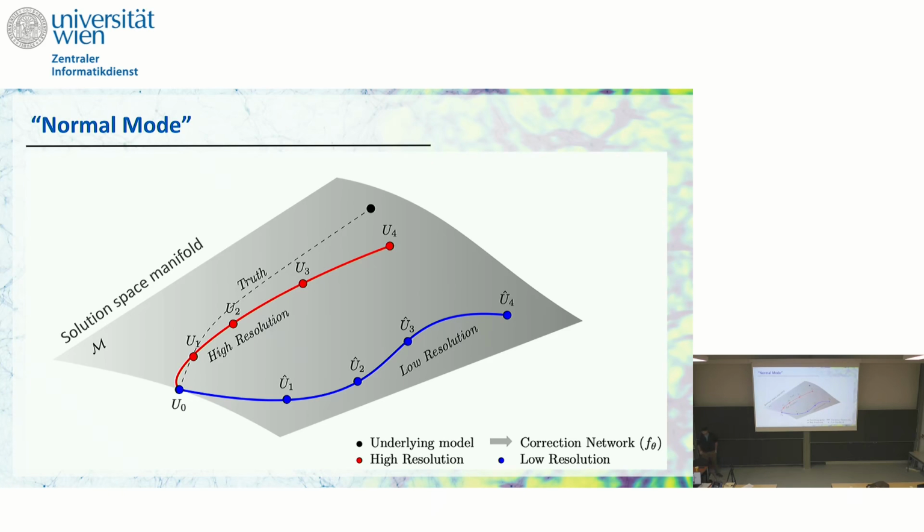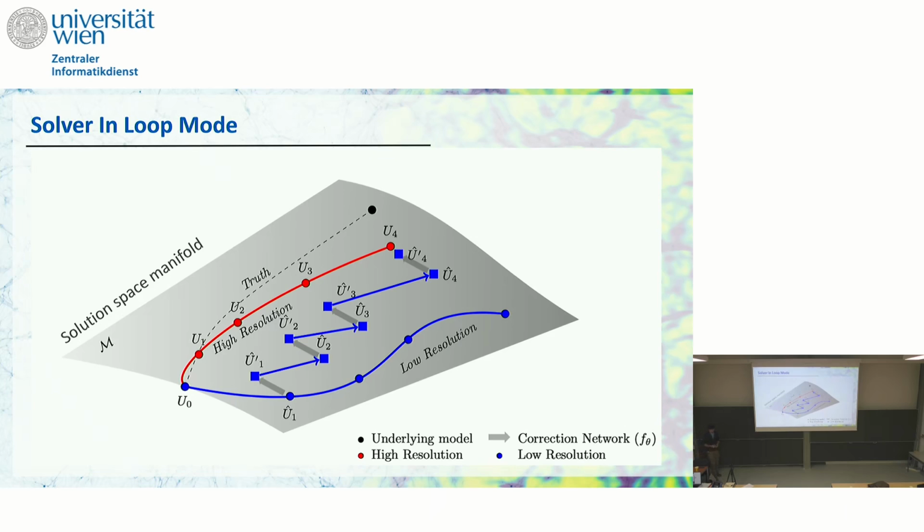So what we want to do is learn a correction network, which is essentially a vector field on this manifold that pushes you towards the correct solution. At every time step, you're getting pushed closer and closer, so your end trajectory is more like this line here. And hopefully you end up closer to the underlying truth if you train the network correctly.